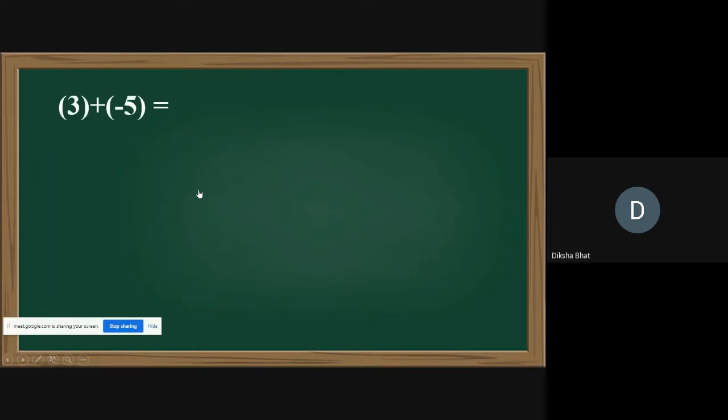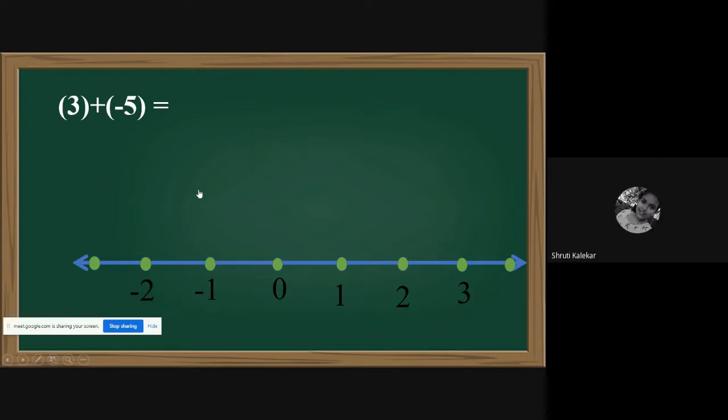What is the sum of 3 plus negative 5? So which is the first step? To draw the number line. Yes. Then on which side will we move of 0? Right side. Say it loudly. Which is the first integer? 3.